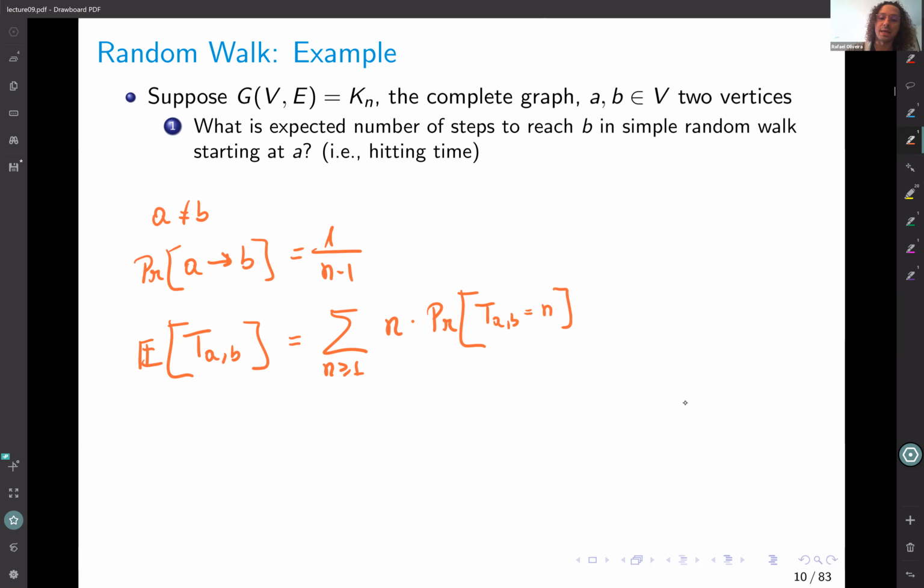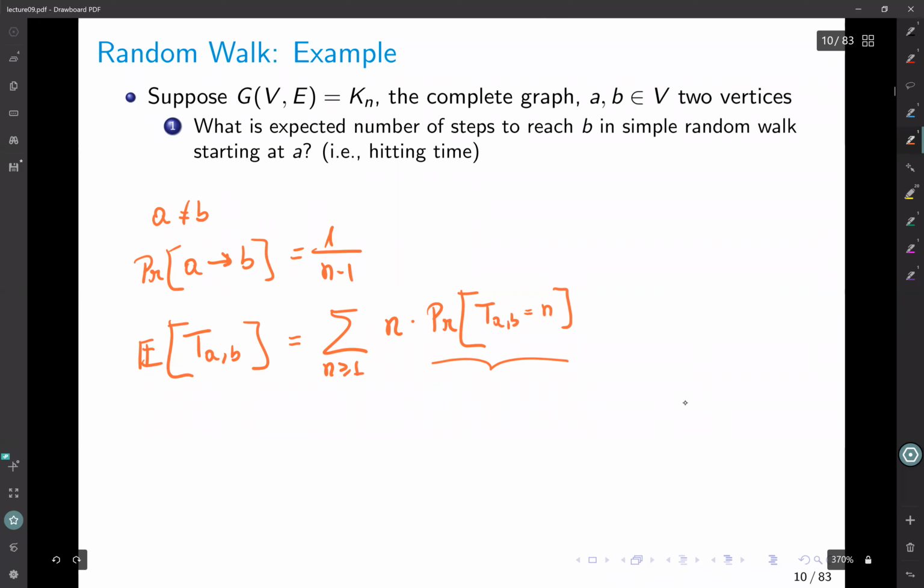But what is the probability that T_AB is equal to n? There are many ways of doing this computation, and I'm not going to do all of them. What is the probability that T_AB is exactly equal to n? It's the chance that the first n-1 steps don't reach it, and then the last one does.